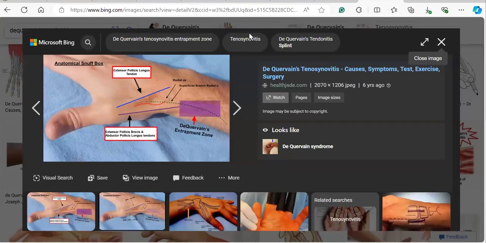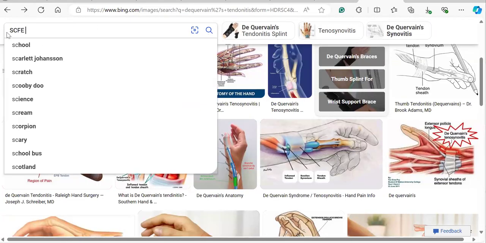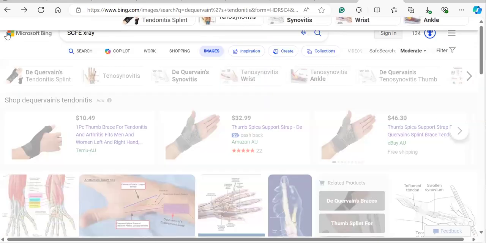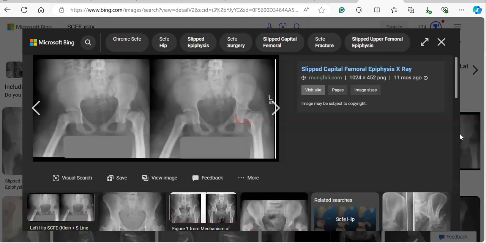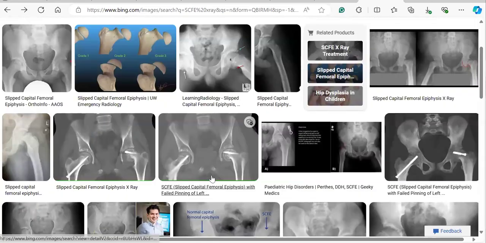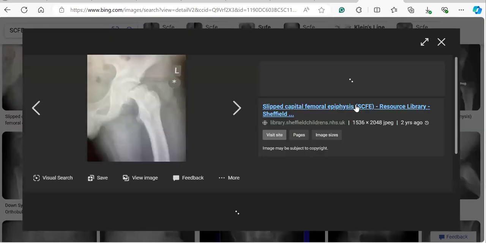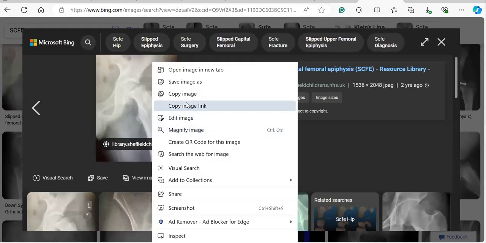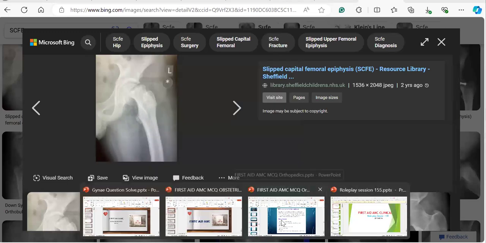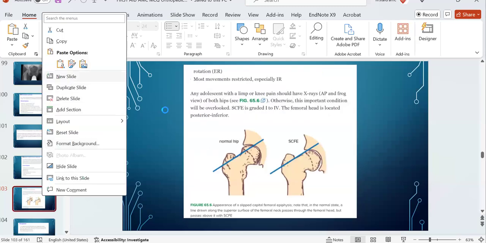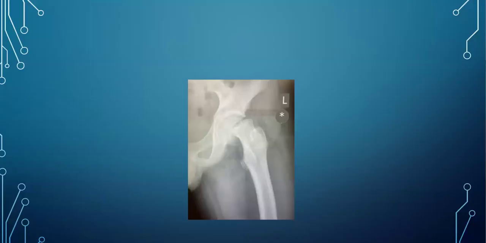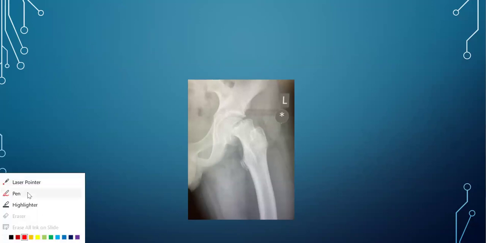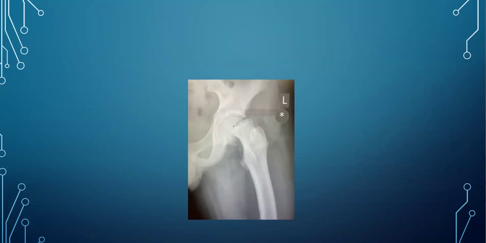Let me show you a good X-ray of this. You can see here, that's the epiphysis over here, and that's the femoral head.